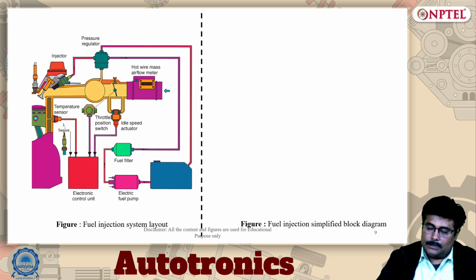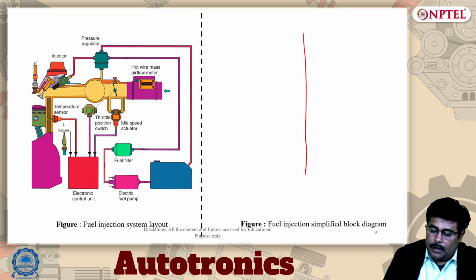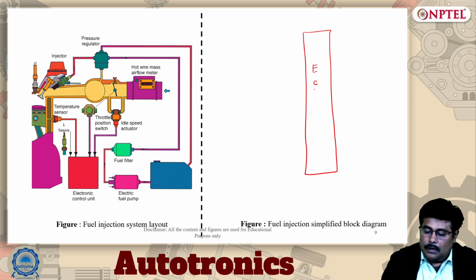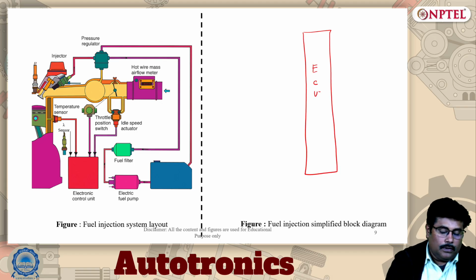Let me represent this in the form of a simplified block diagram, where you have an ECU, which is nothing but the electronic control unit.